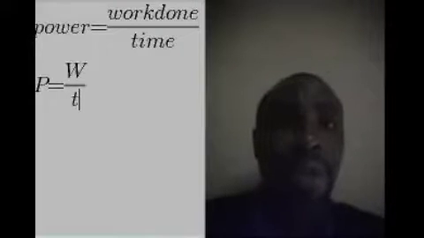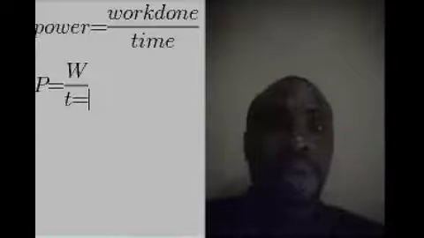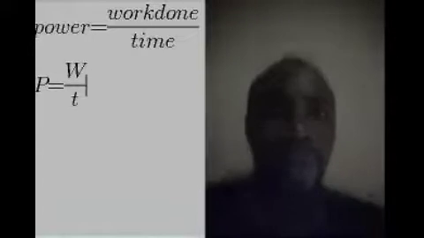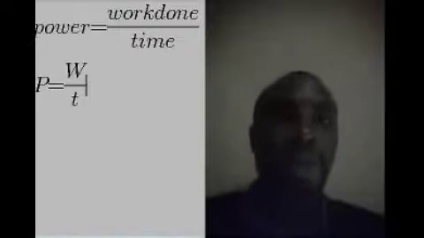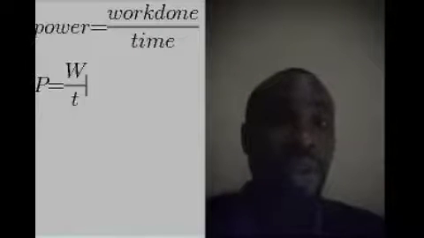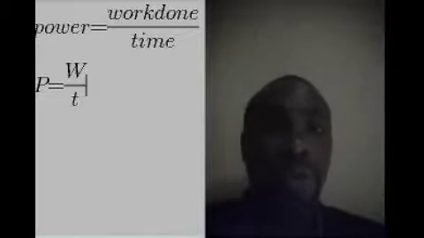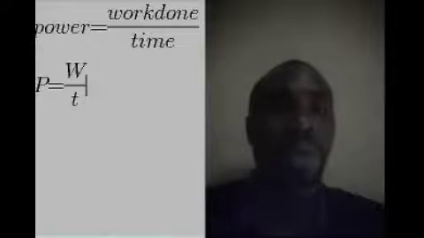Now, don't forget that from the formula for work, what will we be able to imply? That work is the same thing as electrical energy, right? That's what we just dealt with previously.